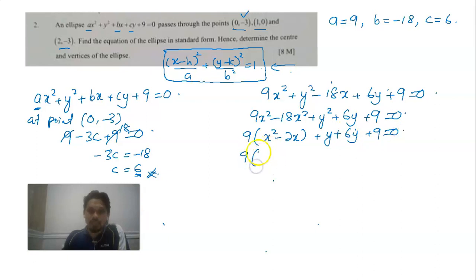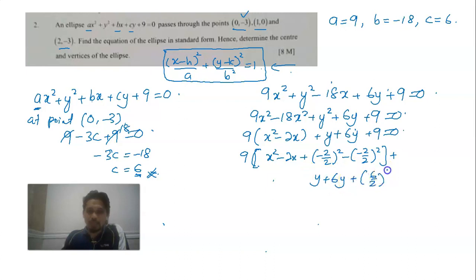So 9 times x squared minus 2x plus negative 2 over 2 squared minus negative 2 over 2 squared, plus y squared plus 6y plus 6 over 2 squared minus 6 over 2 squared plus 9 equal to 0.